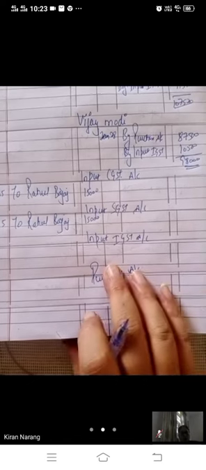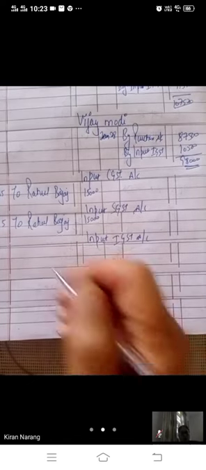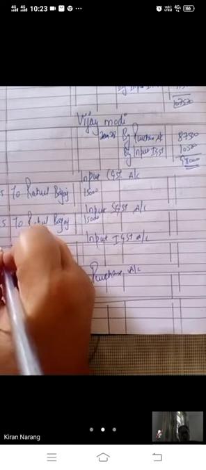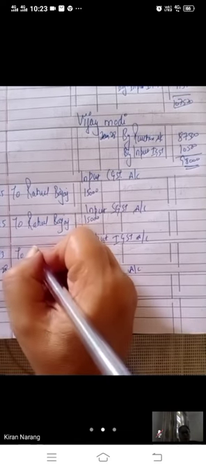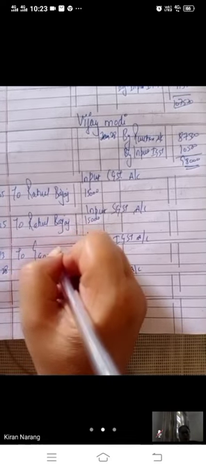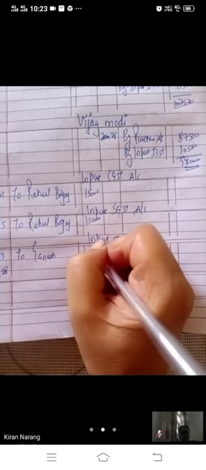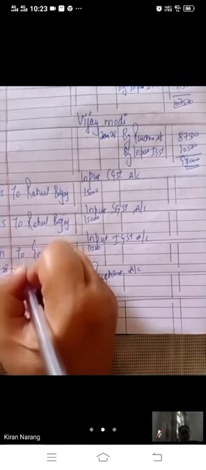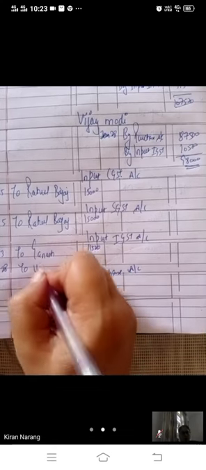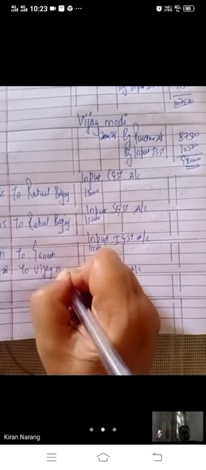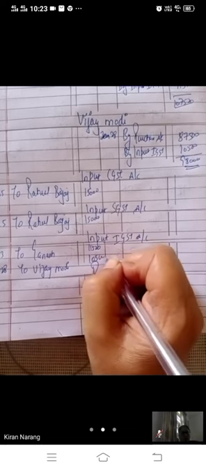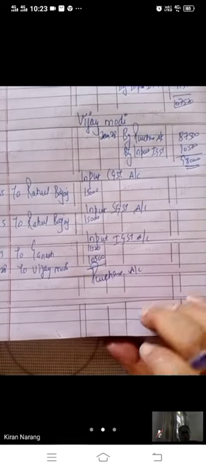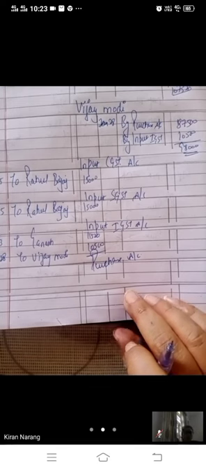Now we have to write in IGST. IGST we have used two times, January 13 and January 28, to Ganesh Industries 11,520 and to Vijay Modi 10,500.